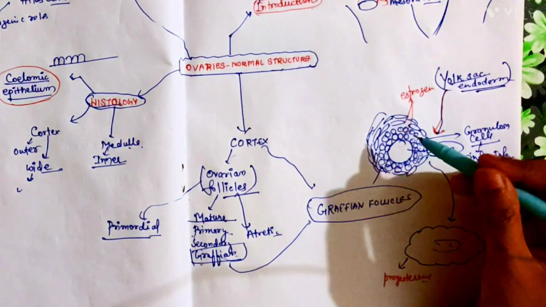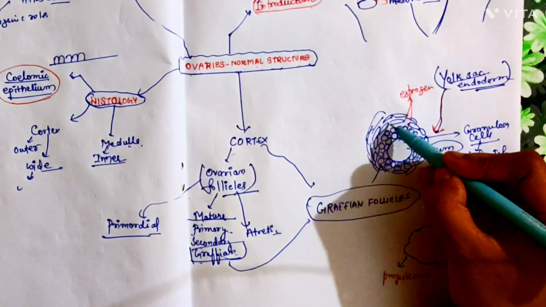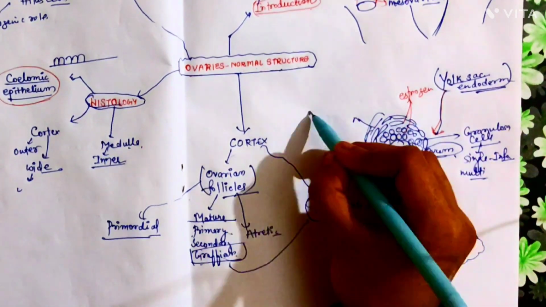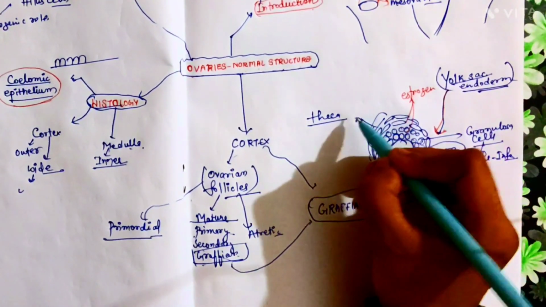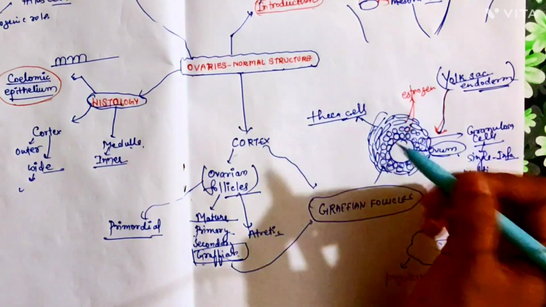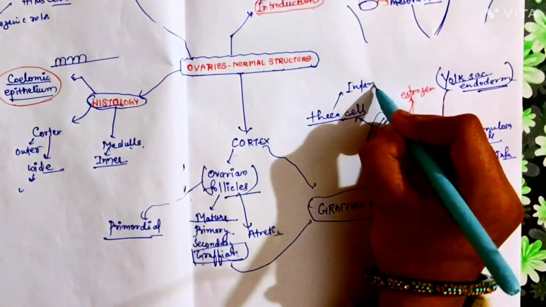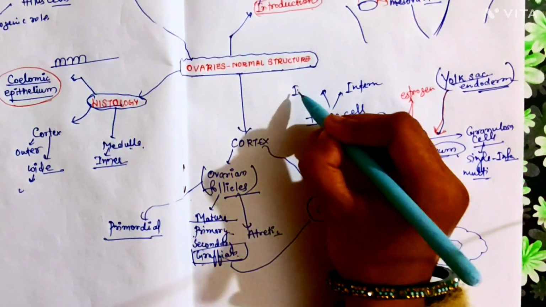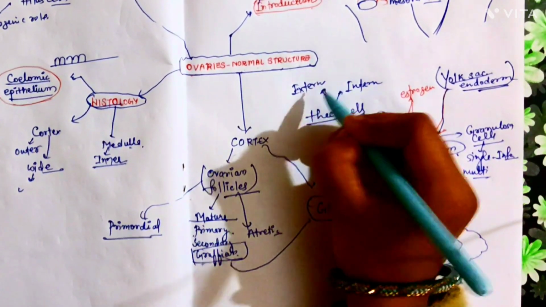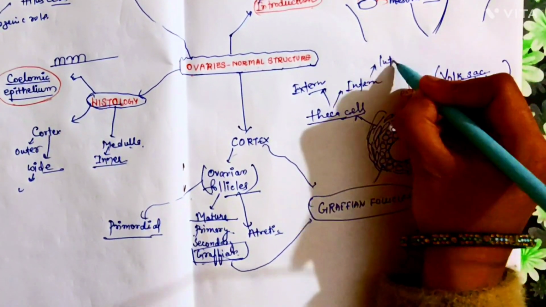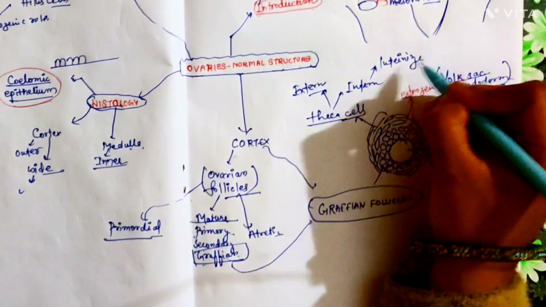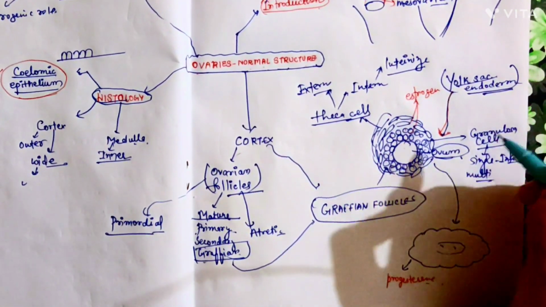Surrounding the granulosa cell layer, there is a layer of plump spindle cells called the theca cell layer. This theca cell layer is divided into two parts, theca interna and theca externa. The interna part is luteinized, and together with granulosa cells, it produces estrogen.